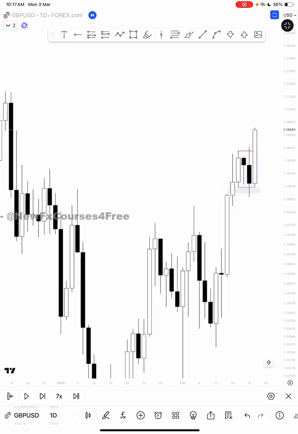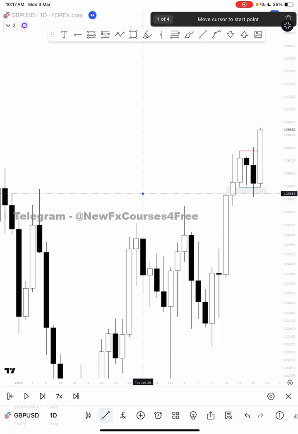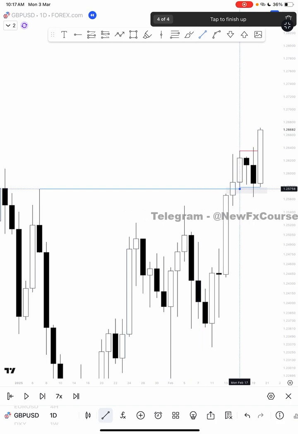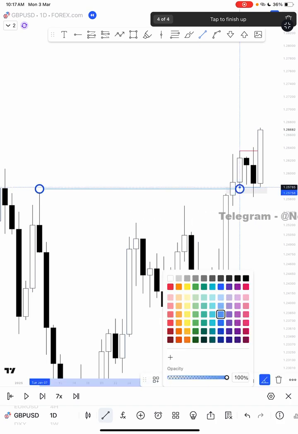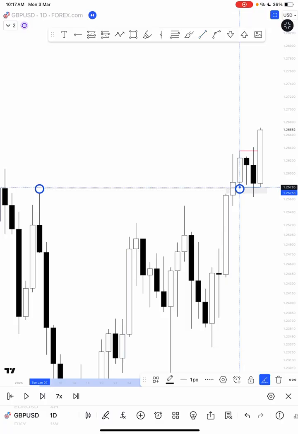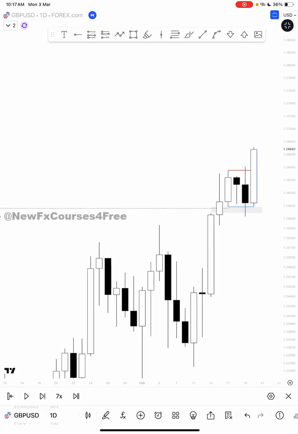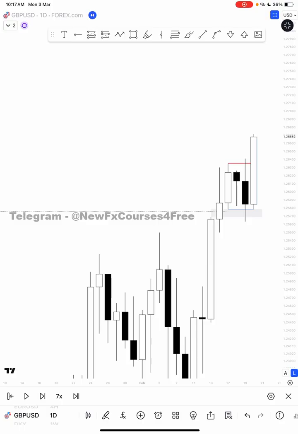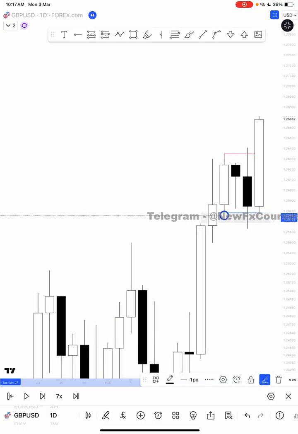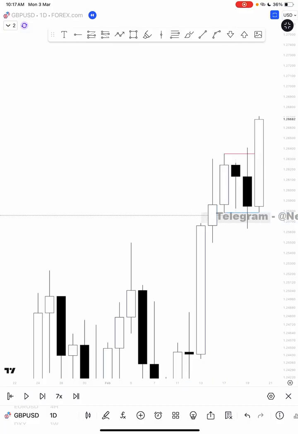I will just call this a breaker mitigation block here. You can see to your left-hand side here, we got a breaker or mitigation block, which is actually supporting price to go higher and not going down below.